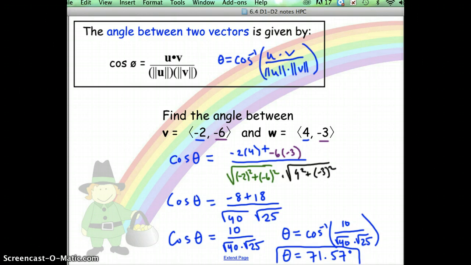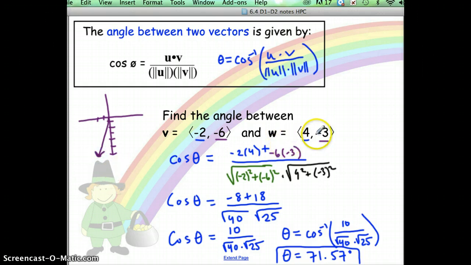If you're a visual person, if I was to draw these two vectors, -2, -6, that would be the vector right like this. That would be -2, -6.